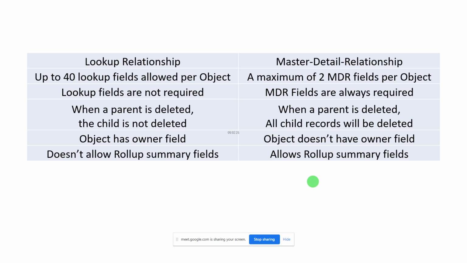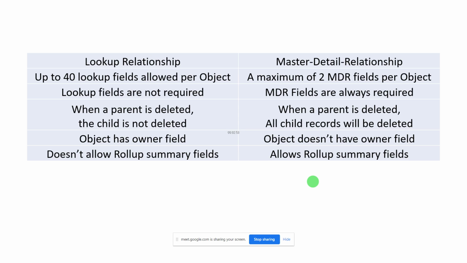In lookup, when a parent is deleted, the child is not deleted. But in MDR, if you delete the parent record, the child record also will be deleted. In lookup relationship you can see the owner field; in MDR we can't see the owner field. Lookup doesn't allow roll up summary fields, and roll up summary fields are allowed only in master detail relationship.